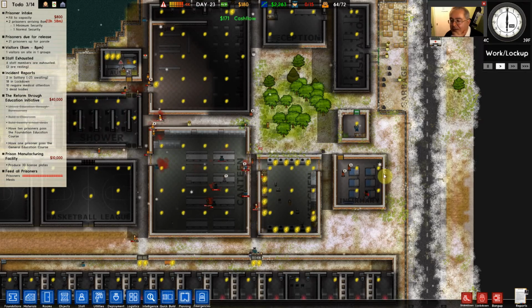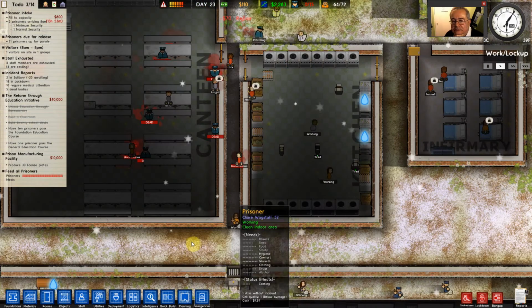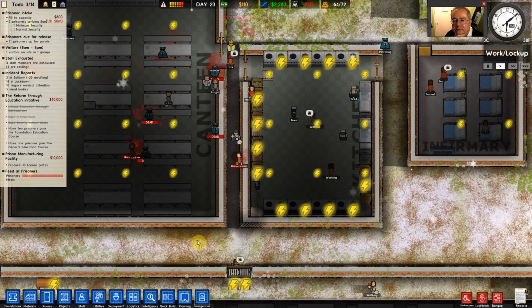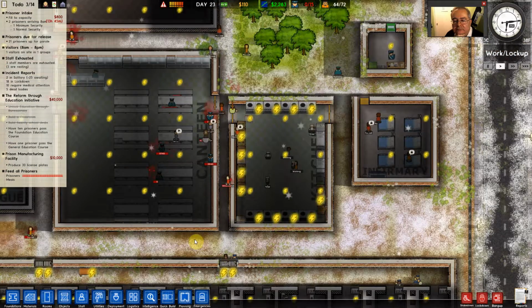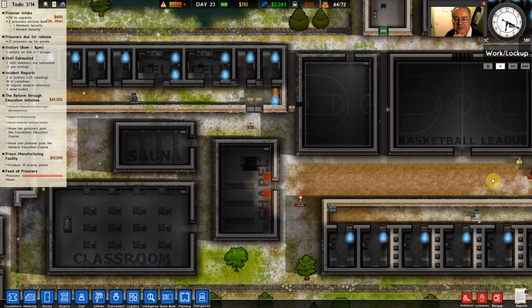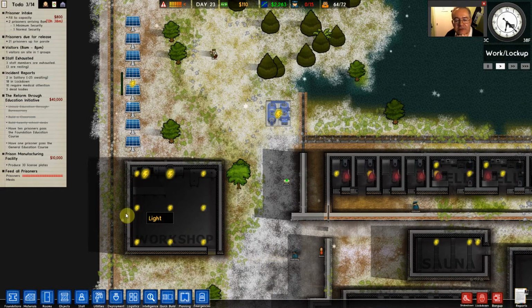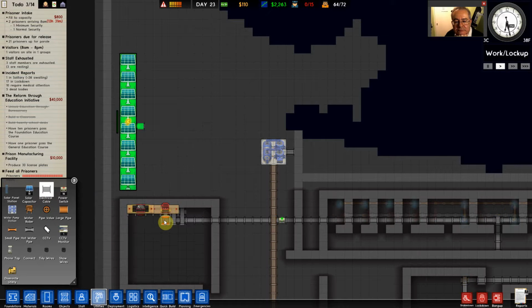Well, my doctors are going to be busy now for a while. $110, is that enough to connect the solar panels up, by any chance? Look at that. $10 short. Oh dear, well, we're getting there.